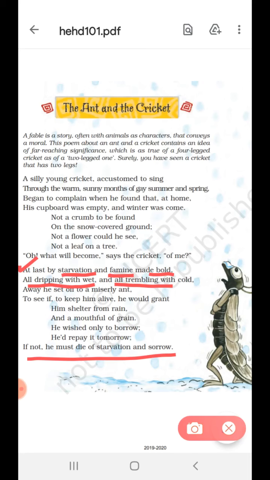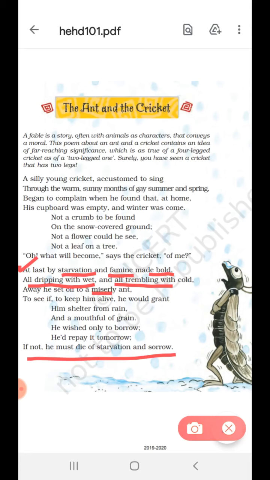So when he was all wet and he was trembling with cold, then he thought to go and see a miserly ant. So miserly means the person or creature who considers money or wealth more important than anything and spends less wealth on anything, on his comfort or whatever.